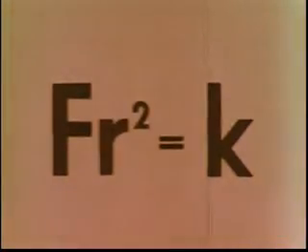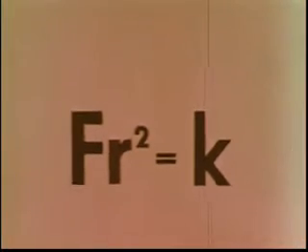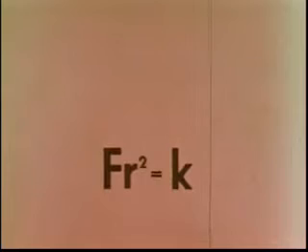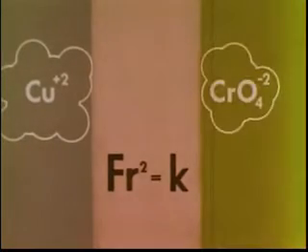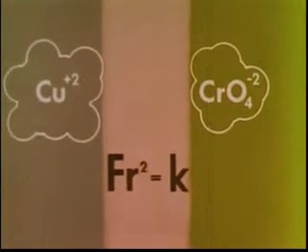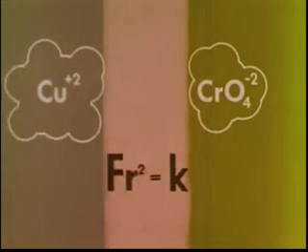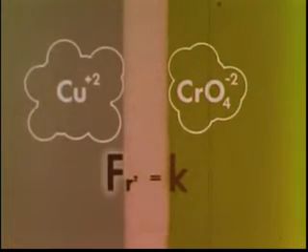To understand this, let's keep in mind our previous equation, F R squared equals K. Remember that the positive copper ions and negative chromate ions not only move in opposite directions between the electrodes, but as the distance r between these ions decreases to atomic dimensions, the force F between the ions themselves must become large.